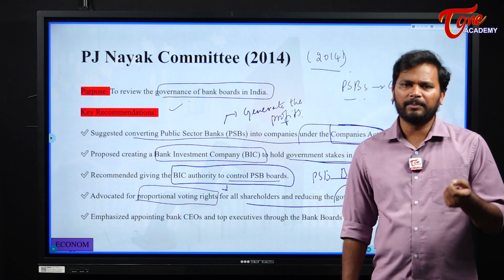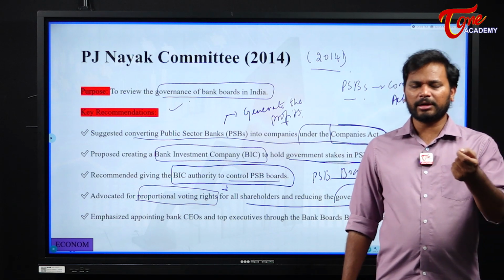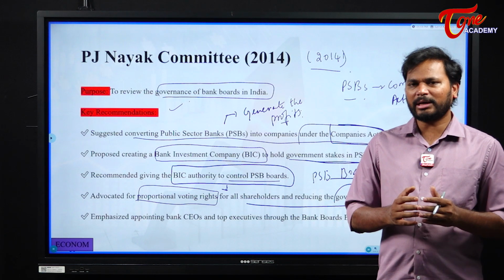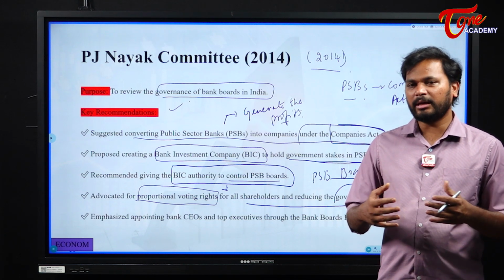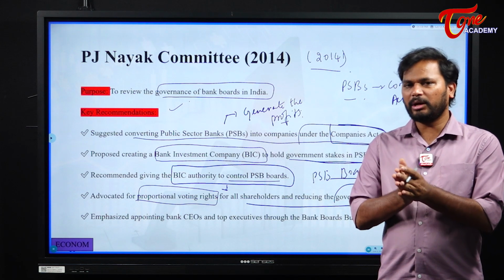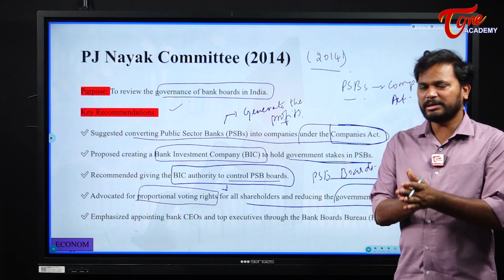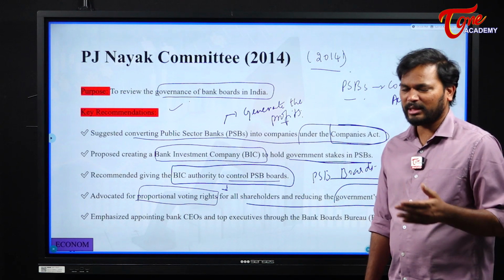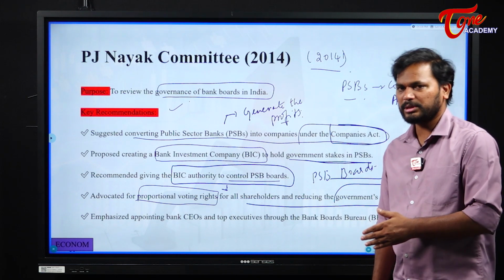They will bring ideas of how to generate profits so that the public sector banks will sustain. It is not that we are completely giving a free field to the private players. No, the government will also hold its stake in the PSB, so that there is participation of both the government and the private players.